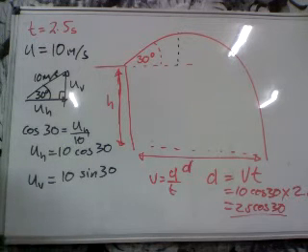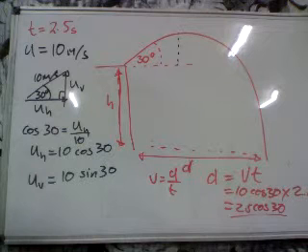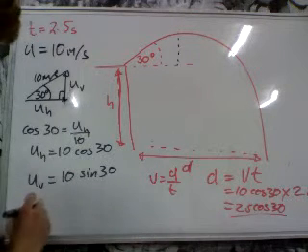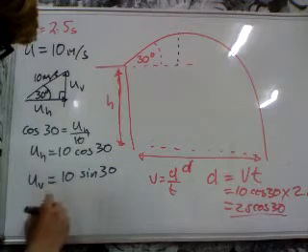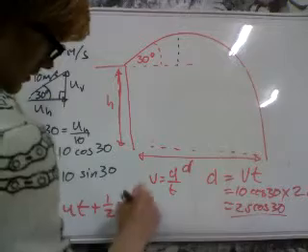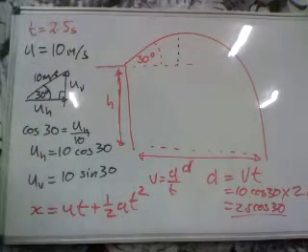We're going to instead use this equation, x equals ut plus half at squared, and we're going to find it out directly from that.